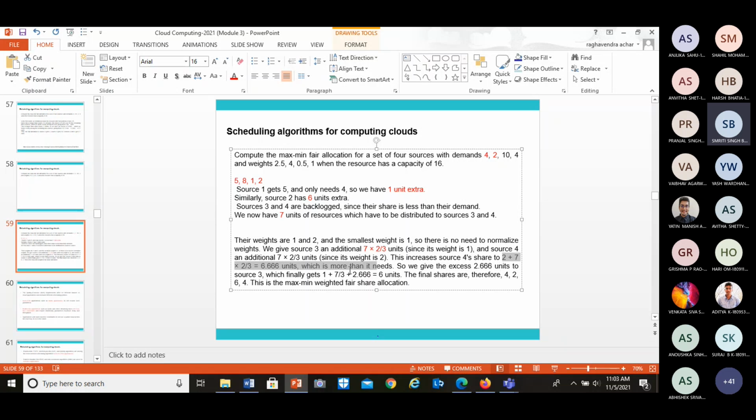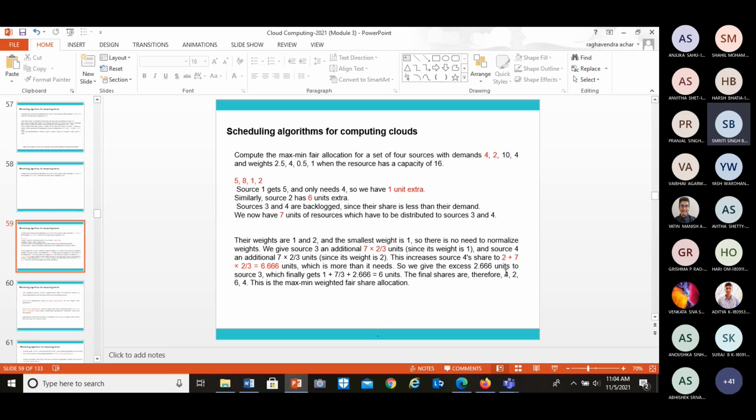That is 2 plus this, 6.66 he will get. But what he has requested is 4. Then once again 2.66 is extra. Then what is remaining, that extra 2.66, you will once again allocate to user 3 itself.